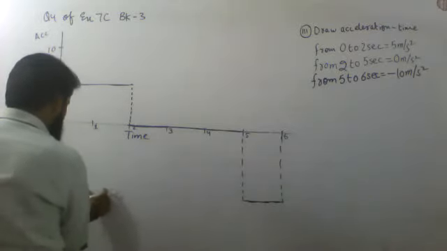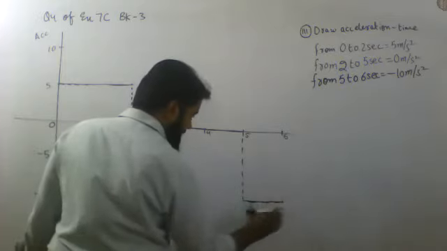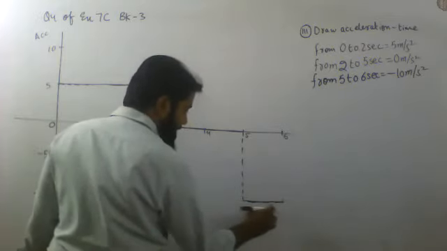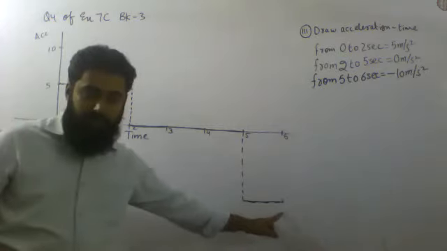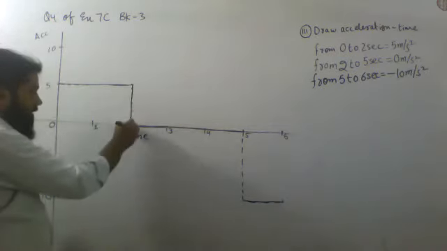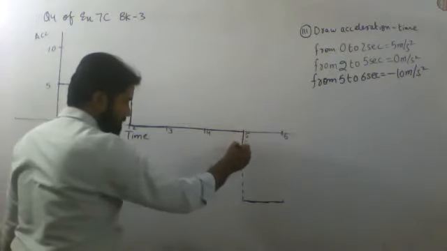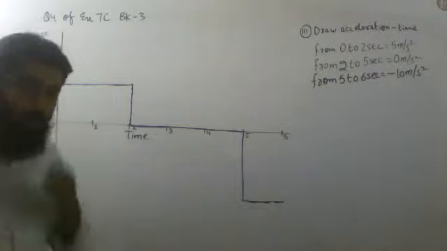Okay, so now this is your minus 10 meter per second square from 5 to 6. Finishing. How will you do the finishing? This line, this line. So now what does it show?